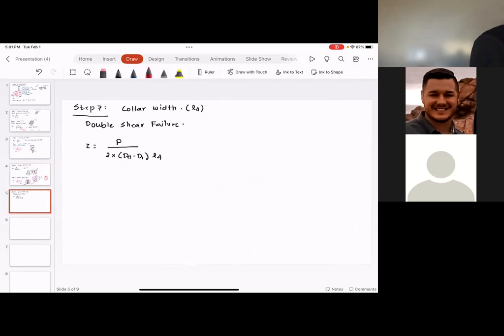I want to show you the actual failure here. So imagine that this part, from here all the way up to here, gets sliced off.